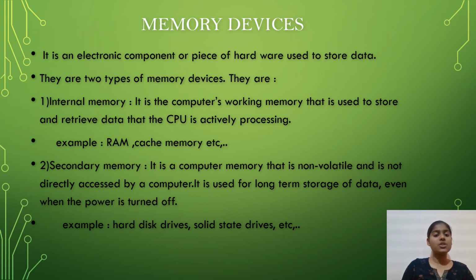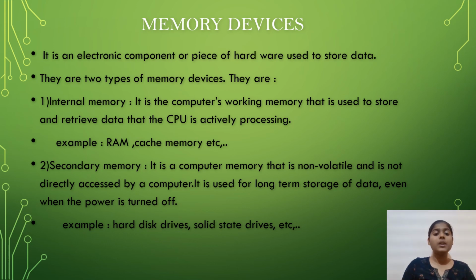It is an electronic component or piece of hardware used to store data. There are two types of memory devices: internal memory and secondary memory. First, internal memory. It is the computer's working memory that is used to store and retrieve data that the CPU is actively processing.